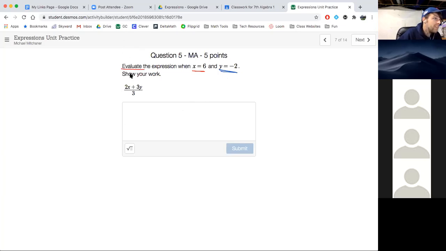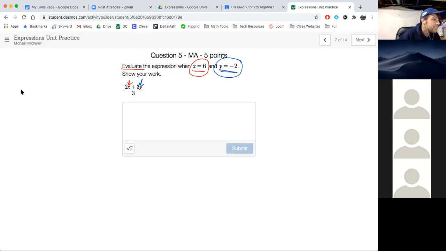So I'm going to try to color code this a little bit, but where the x is, I'm putting 6, and where the y is, right here, I'm putting a -2. And we got to remember that whenever you have a number and a variable next to each other like this, like 2x and 3y, that means those are being multiplied together.